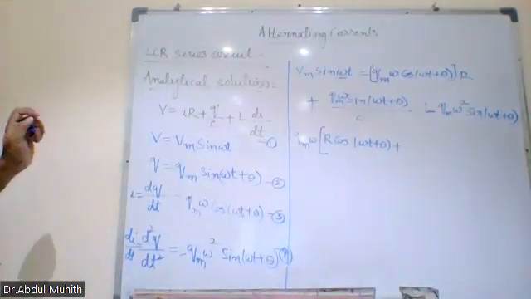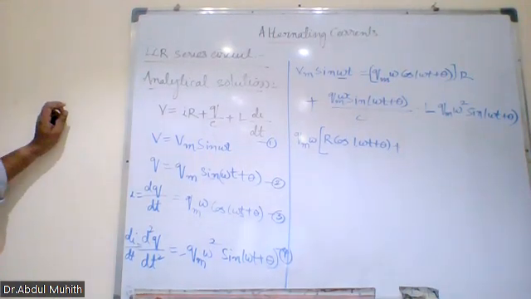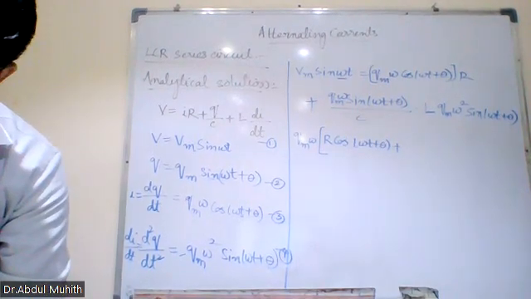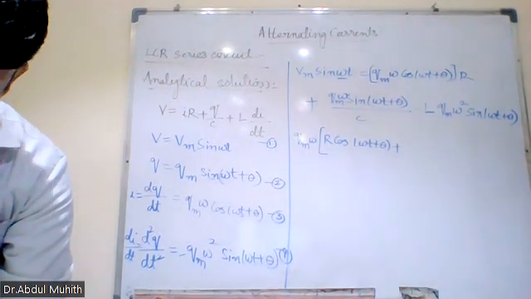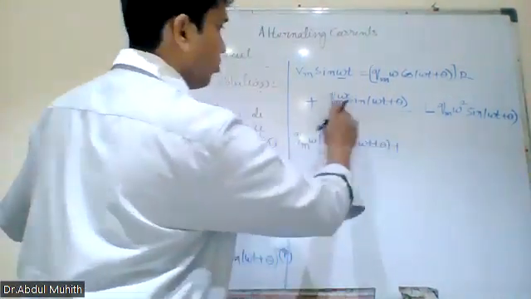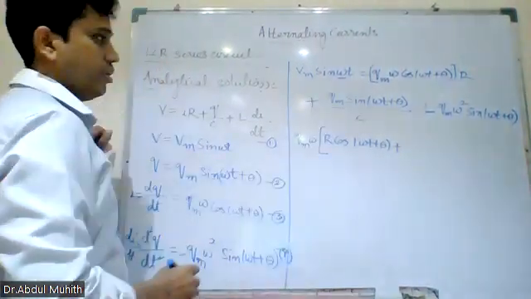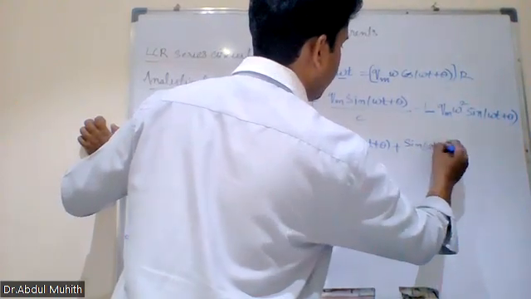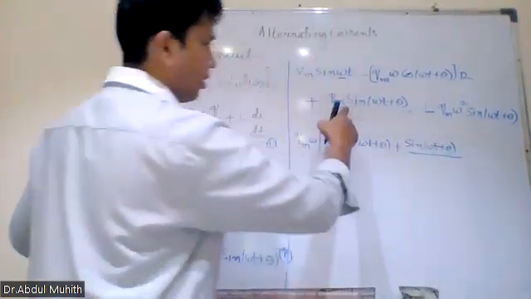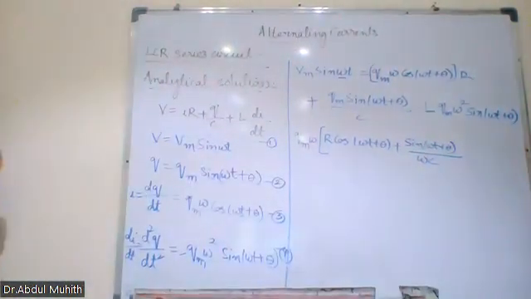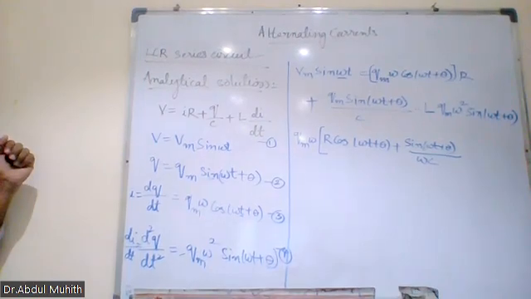Omega was not there here, so we have to divide by omega. Sine of omega t plus theta, because this is not having omega, so I'm writing it in the denominator. Can I write like that? Is that clear?